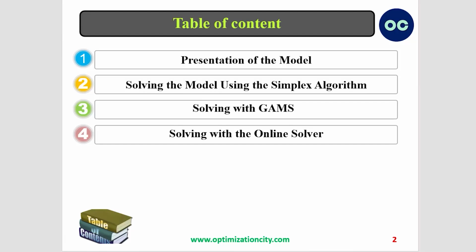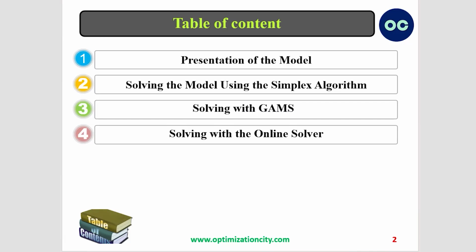First we present the model and then solve the problem manually using the Simplex algorithm. Then we will run the same model with the GAMS software, a well-known commercial software for optimization models. And finally, we will use the online solver from optimizationct to compare all three approaches.